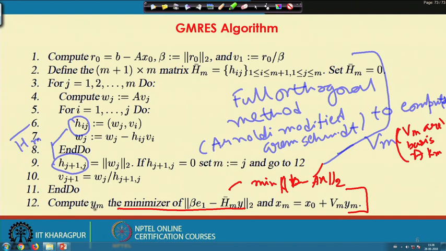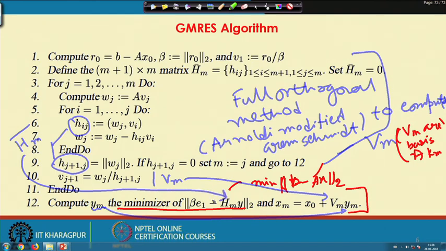So, you find ym here, and then this ym you take here. Similarly, you have found Vm here, and this Vm is put here, and the Hm you found here is used in this particular step, and that gives you the GMRES solution.